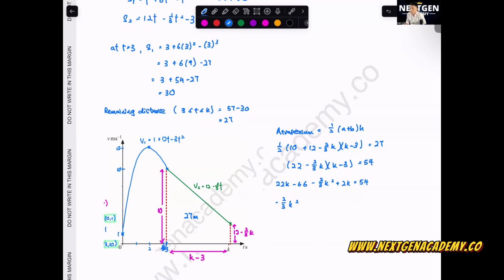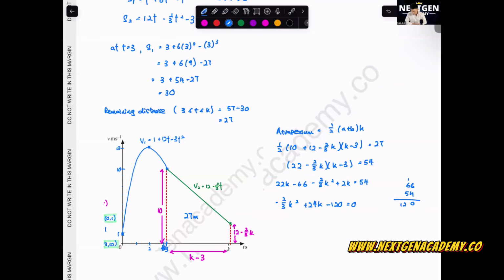Okay, 22k plus 2k will be 24k. Let me check again, correct. Shift everything over: minus 66 minus 54 gives minus 120, equals 0.